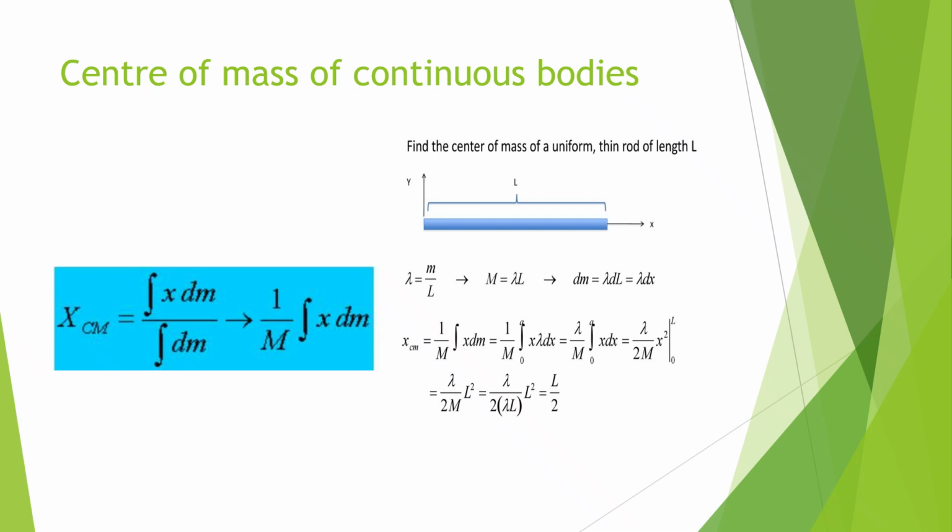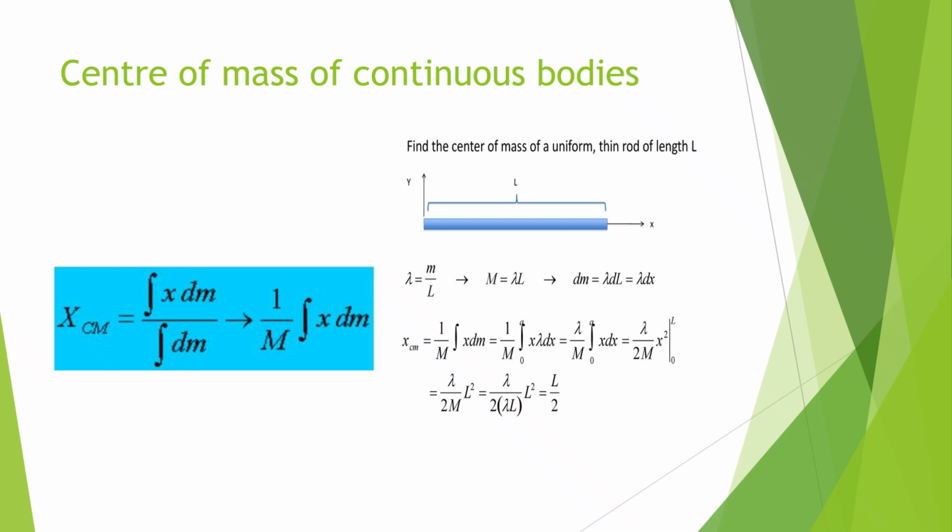So let us take a simple example for a one-dimensional body. We have to find the center of mass of a uniform thin rod of length L. Since its mass is distributed along one dimension, we can define the linear density lambda, which is the mass per unit length. So the total mass of the rod is lambda into L. Now if I take a small portion of the rod, we get a small mass dm, which can be given by lambda into dl.